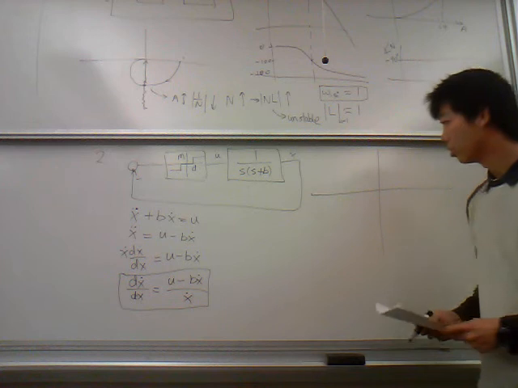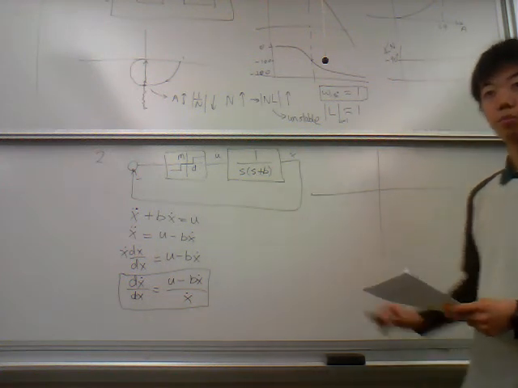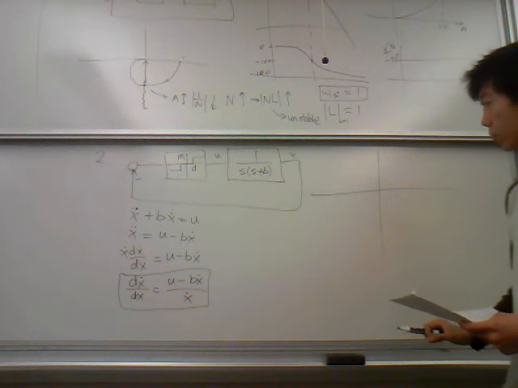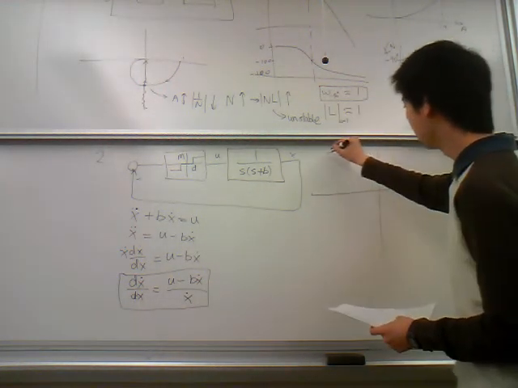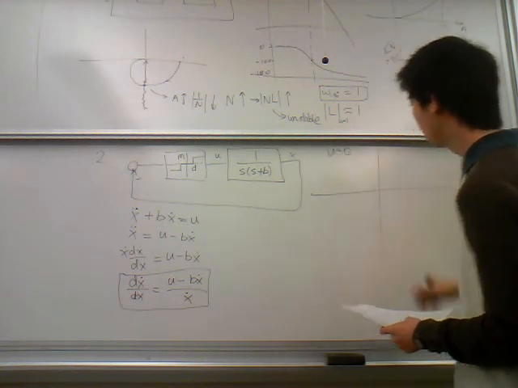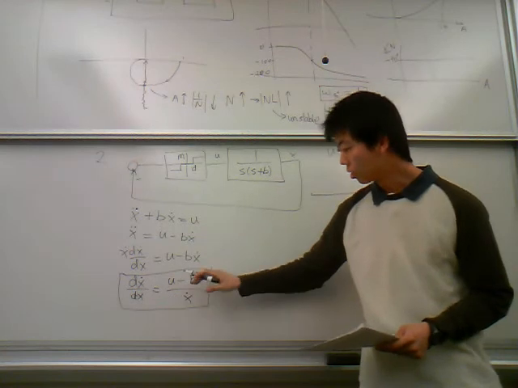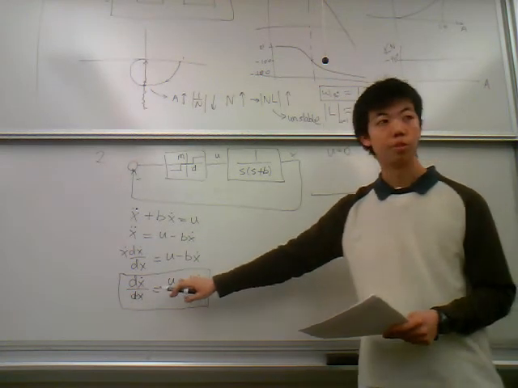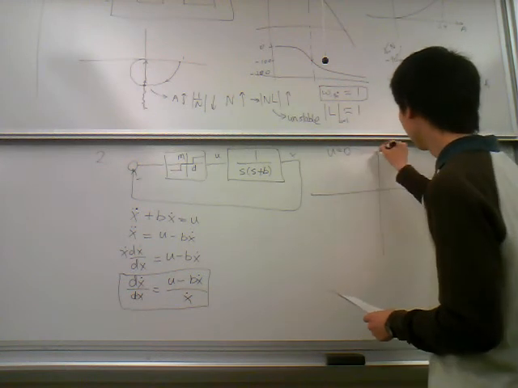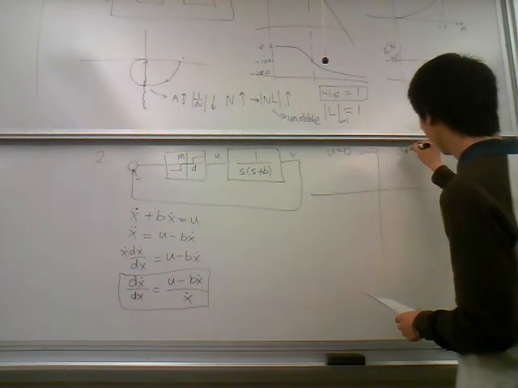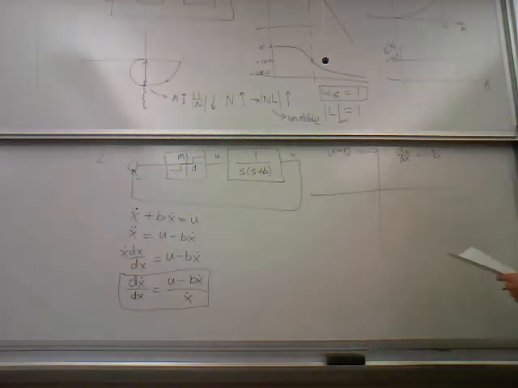So for this first part, we're going to have to draw 3 phase portraits. The easiest one, let's just look at when u is 0. Then this part is gone, the x dots cancel out, and our slope is just minus b. So that's pretty straightforward.